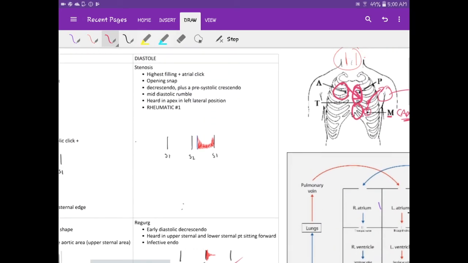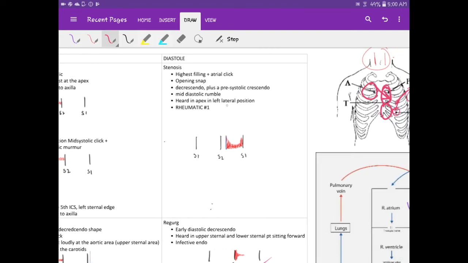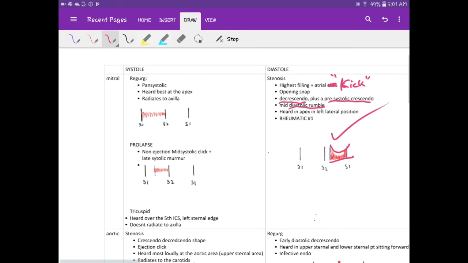So we've done that, good. Mitral stenosis in diastole, and we mentioned that it is the highest filling area with an atrial kick, and that means you get a weird shape like that, which is a decrescendo plus a pre-systolic crescendo, or you can call it a mid-diastolic murmur. Alright, so that's done. Then we go to the mitral regurg.